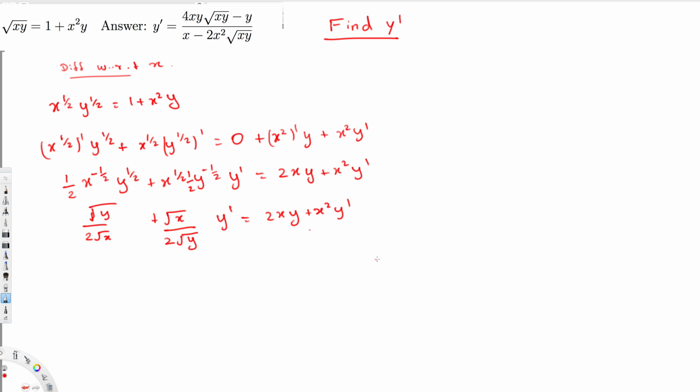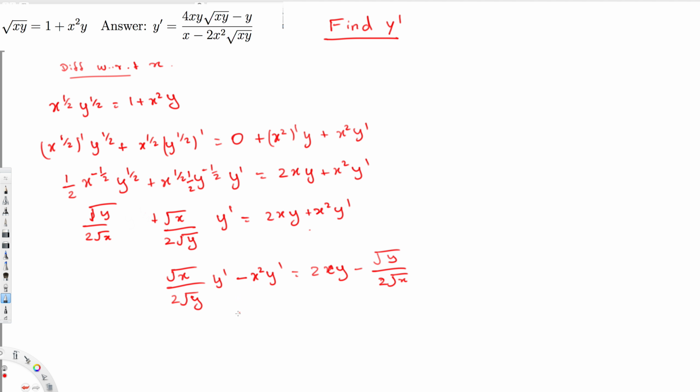Now what I'm going to do is bring all the y prime terms to one side, so it will be easy to solve. So let's do that. It's going to be square root of x over 2 square root of y times y prime, minus x squared y prime, equal to 2xy minus square root of y over 2 square root of x.